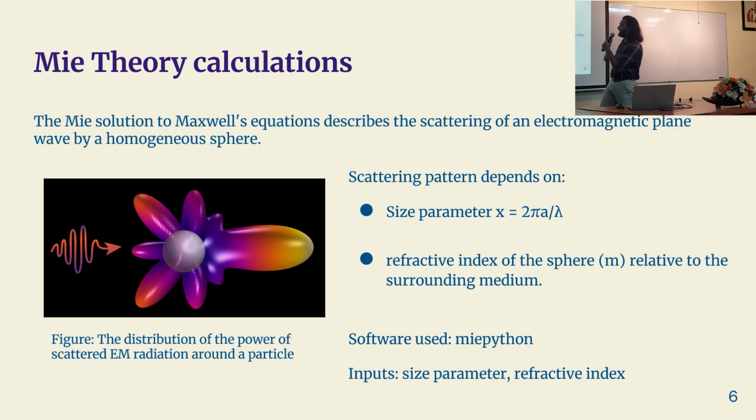So when I experimented with different particle sizes, different intensities were calculated for the particles, and I obtained cross sections based on that. The software I used was Python. It takes these parameters and generates the output as a cross section.